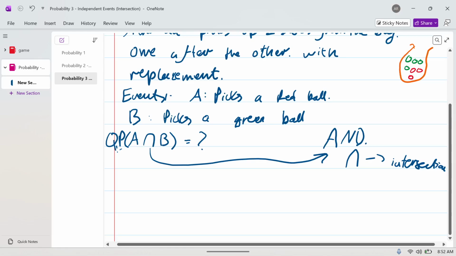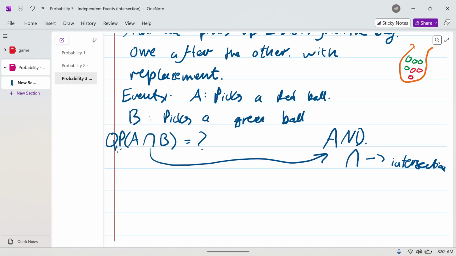They're just asking you to find the probability of both of the events occurring at the same time. Like she is picking up a red ball and a green ball, right? It's just A and B. This is how you should read it. It's just probability of A and B. See that? This is how you read it, okay?